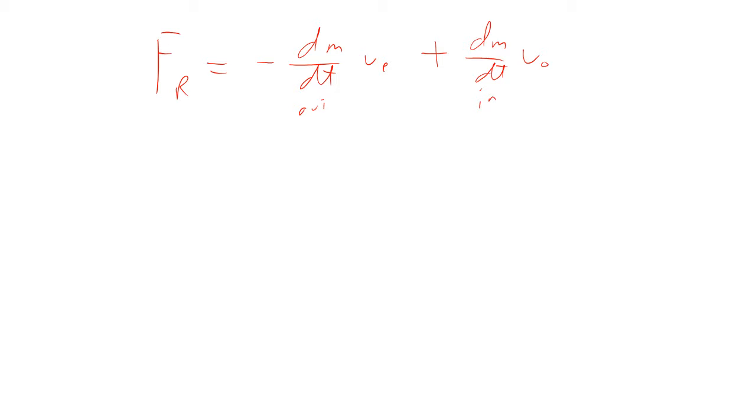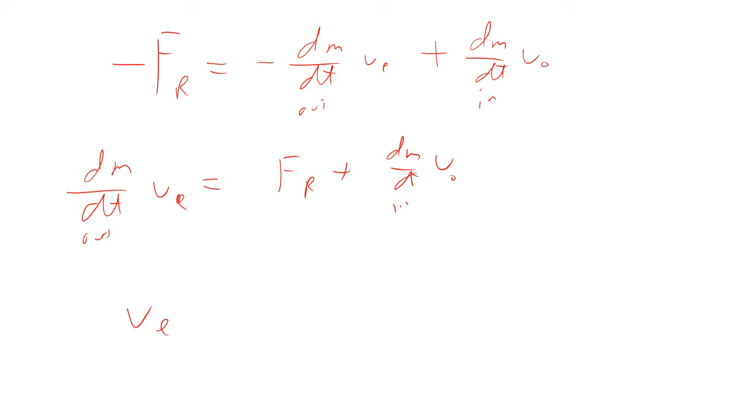So equal and opposite means minus here, and so we do a little bit of math here, and we say that dm/dt out times exhaust velocity equals the thrust plus dm/dt in times V naught, the velocity of the aircraft relative to the air. So the exhaust velocity is going to be the thrust plus dm/dt in times V naught, divided by the dm/dt out.